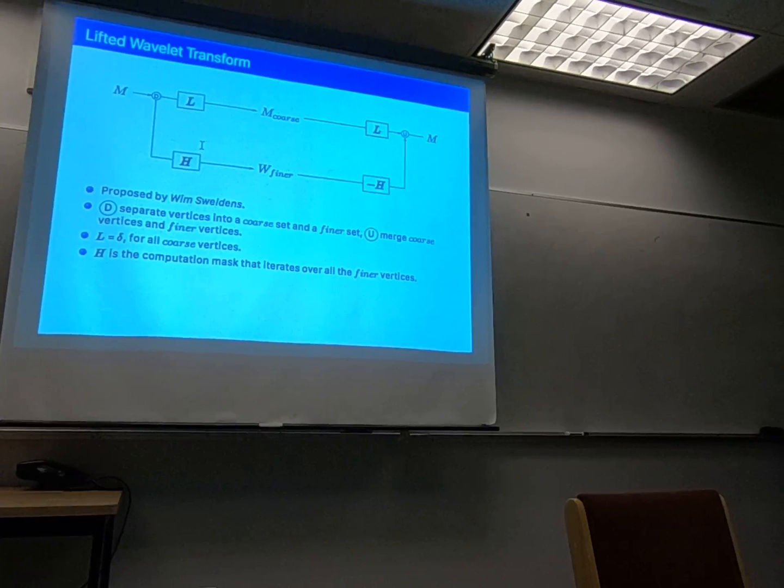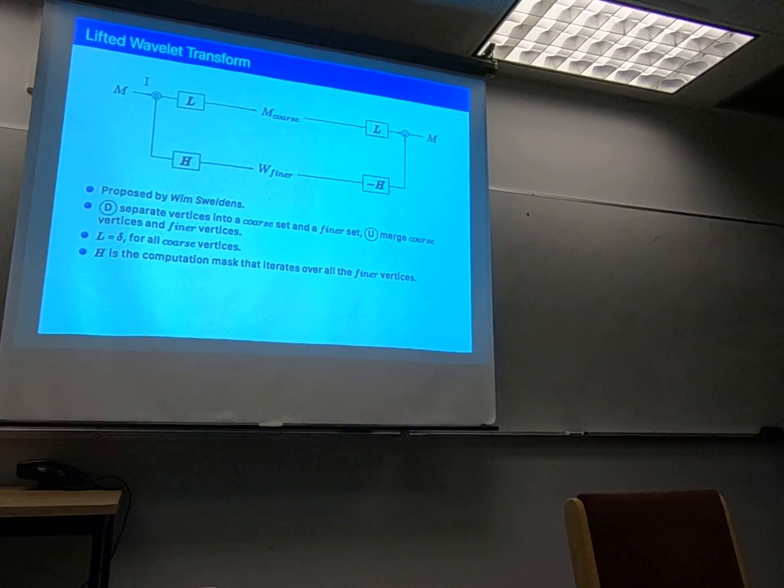Here the high-pass filter is just a computation mask that iterates over all the finer vertices. For example, if the input mesh is subdivided from coarse mesh M0, the finer vertices are the vertices that exist in the input mesh but not in the coarse mesh. The finer vertices are the newly added vertices by subdivision.